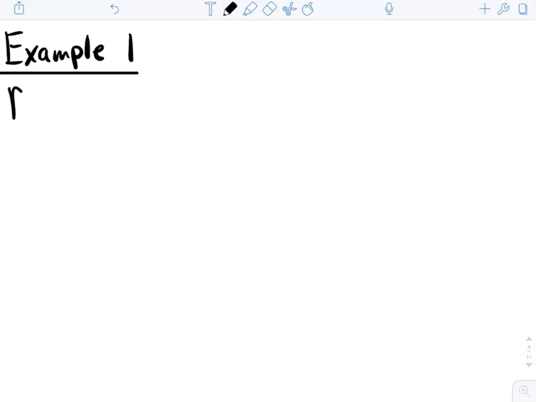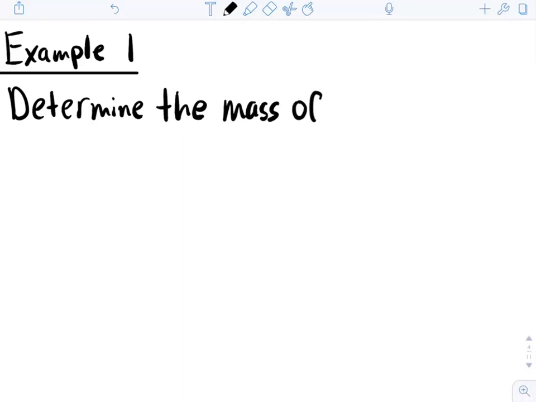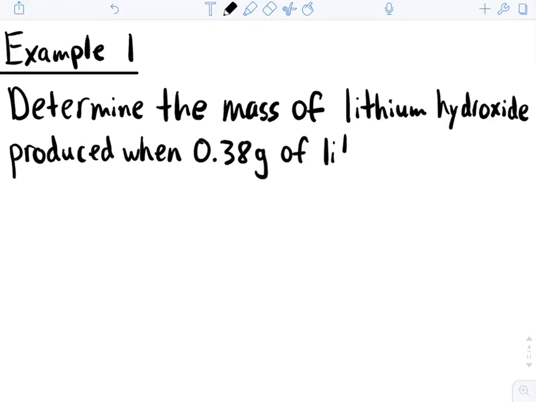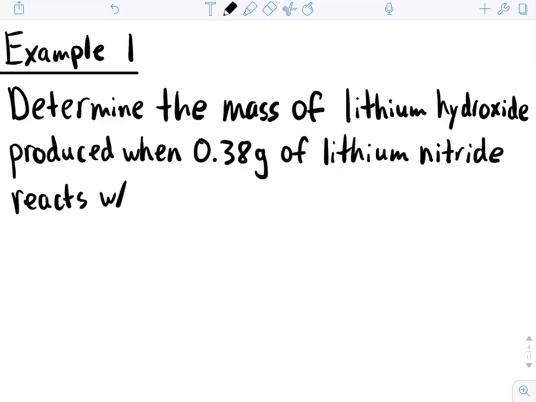Our first example says, determine the mass of lithium hydroxide produced when 0.38 grams of lithium nitride reacts with water.